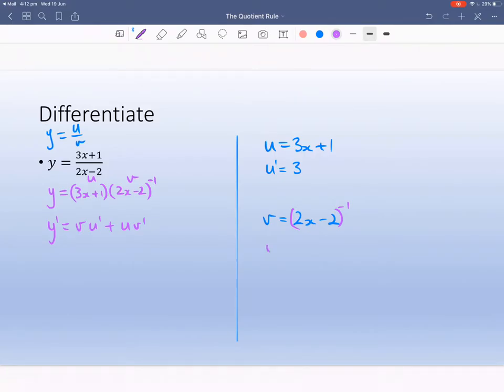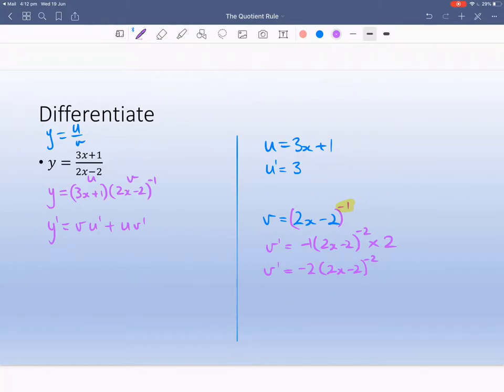So v dash will be: in the brackets it stays the same, the index goes down by 1, and we multiply by negative 1 because that's the index, multiplying by the front. Then we multiply by the derivative of the inside of the brackets, which is just 2. We can clean that up by putting minus 2, (2x minus 2) to the power of negative 2.